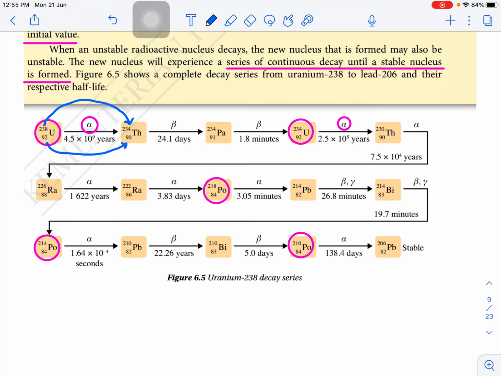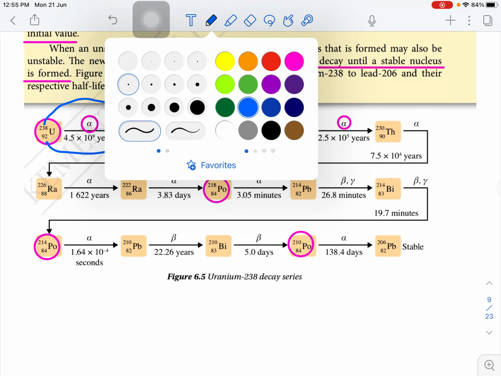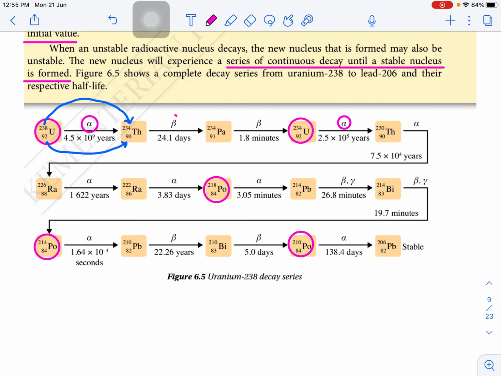For thorium-234, it is also an unstable nucleus, so it also emits radioactive emission, but thorium-234 emits beta particles. What is a beta particle?